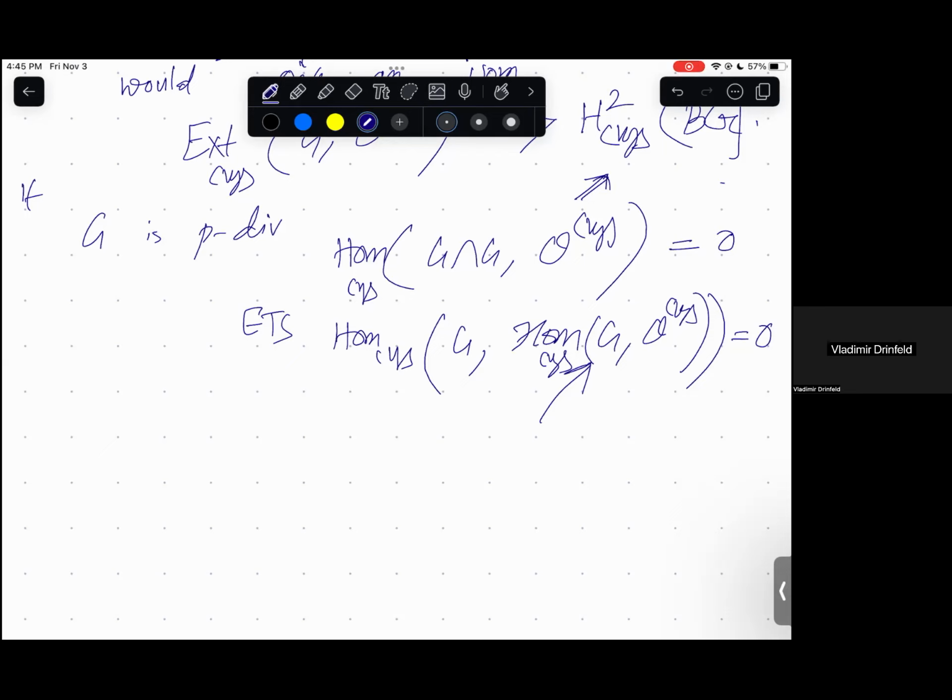Well, for any central extension of G by an abelian A, we have the commutator map, which is a map from G wedge G to A. So if we are able to prove that there are no non-zero homomorphisms from G wedge G to A, then we are done. So this is something elementary.